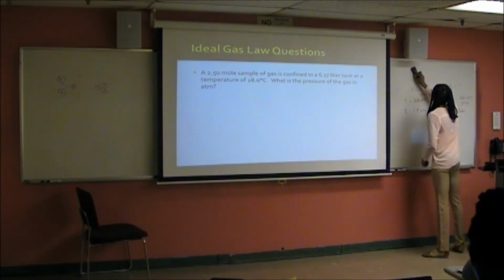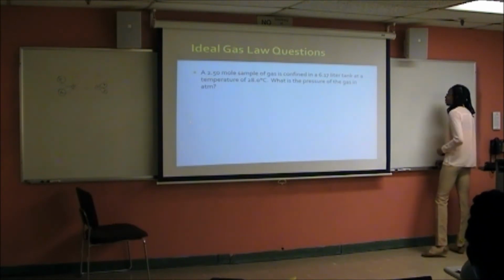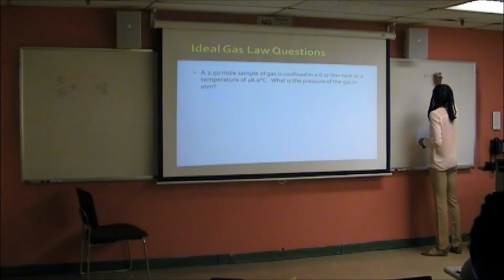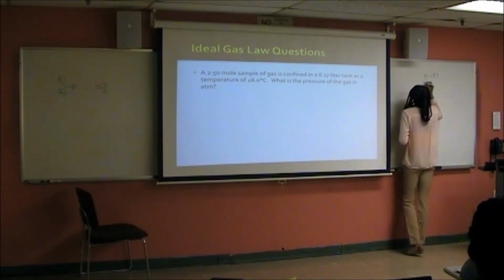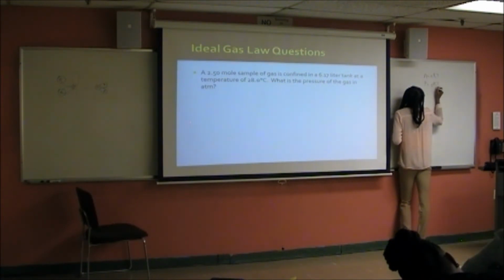What's the formula that we need? PV equals nRT, with R 0.0821. What are they asking us to find? Pressure. How do we get pressure by itself? P is equal to nRT over V.